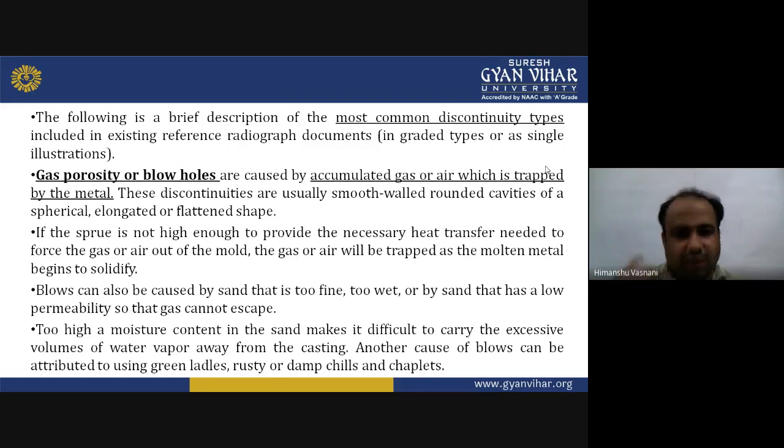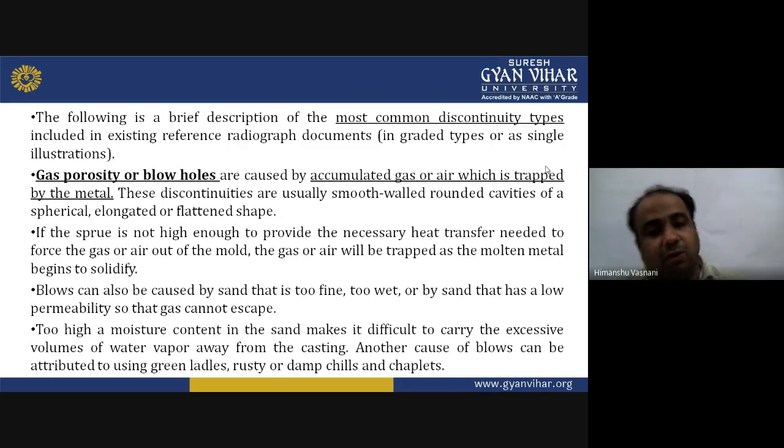If the gases are not able to escape easily from the casting arrangement, then the gases or air that have been introduced during the casting process will be trapped as the molten metal begins to solidify.